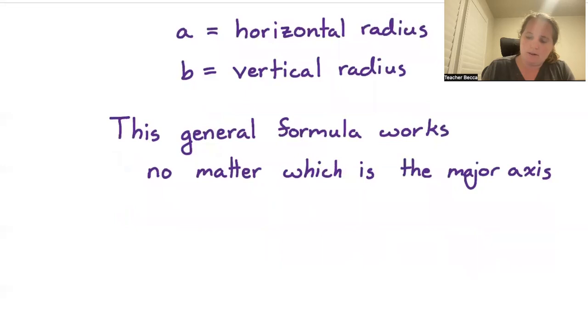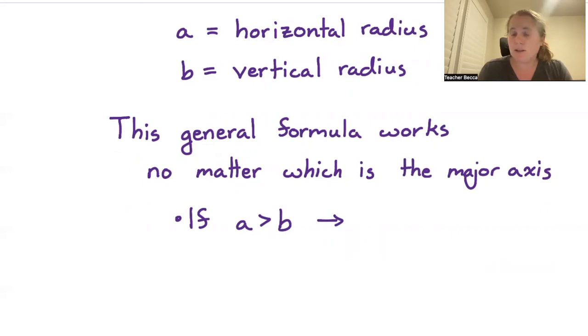So if a is larger than b, then the horizontal is the major axis. So the major axis is parallel to the x-axis.